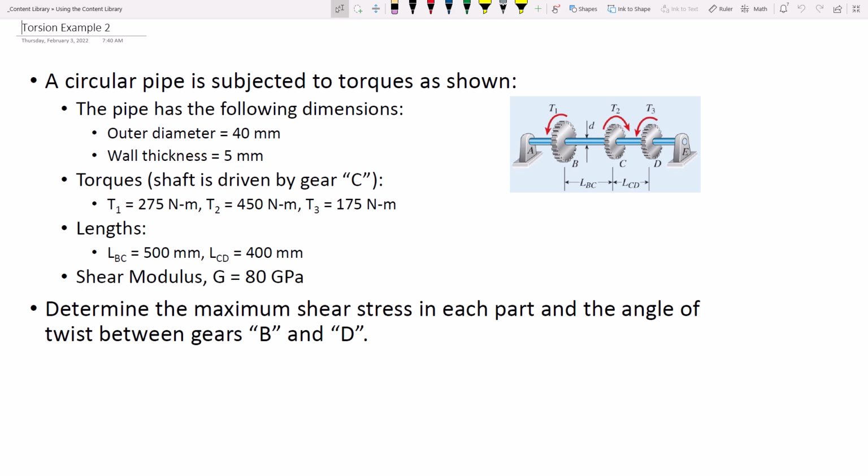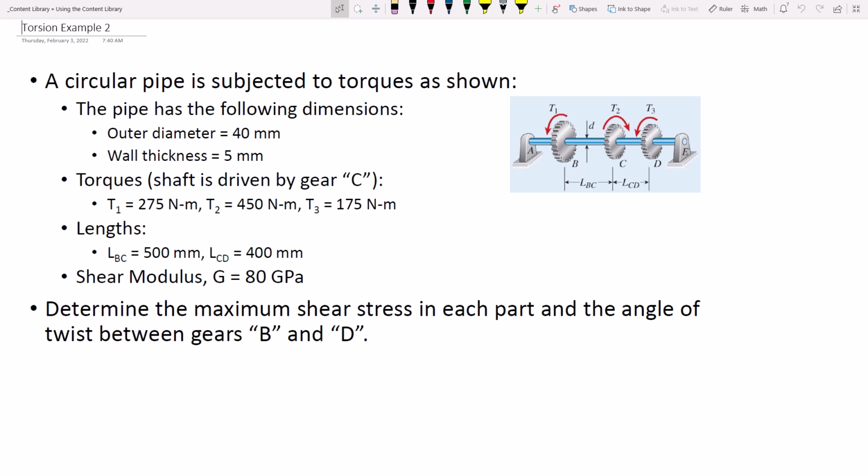T1 and T3 act in the opposite direction. So T2 is driving the shaft, and T1 and T3 are opposing it.